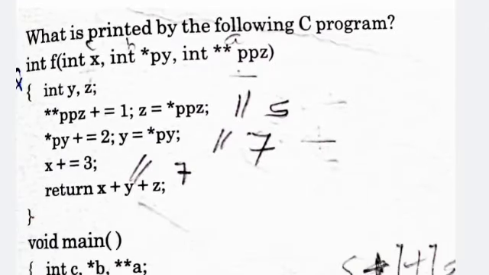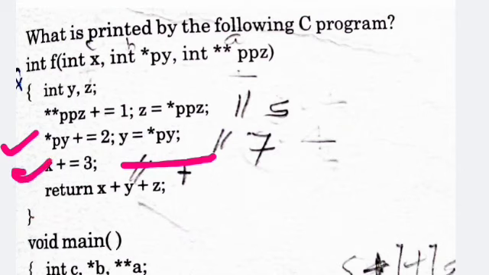Which is printed by the following C program? So here the function f is given with 3 parameters using integer pointers: x, py, ppz. Now here ppz is incremented by 1, and z is equal to pointer ppz, and here py is equal to py, and y is equal to pointer py.